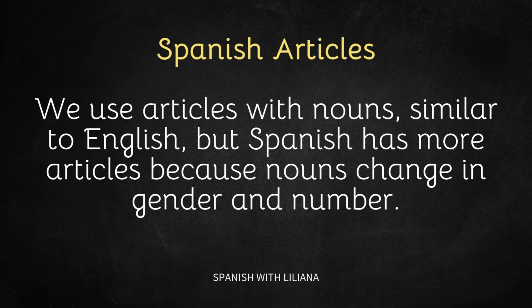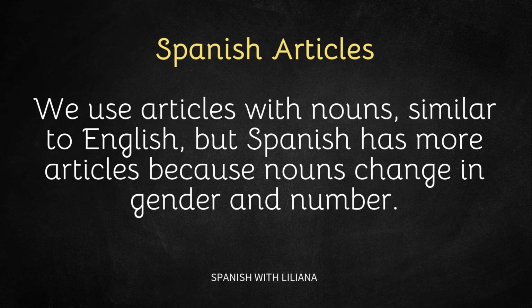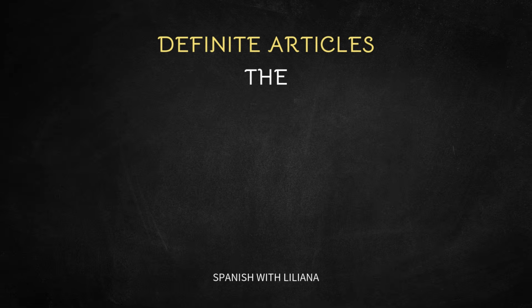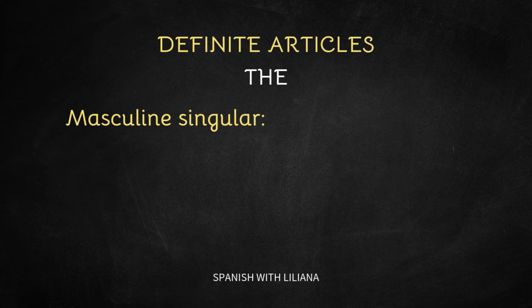Now let's talk a little bit about the definite and indefinite articles. Articles in Spanish are used similarly to those in English, but there are more of them because the nouns have gender and number. In English, the definite article is the, T-H-E. In Spanish, there are 4 words that mean the. For masculine singular nouns, we use el gato, for example, the cat.